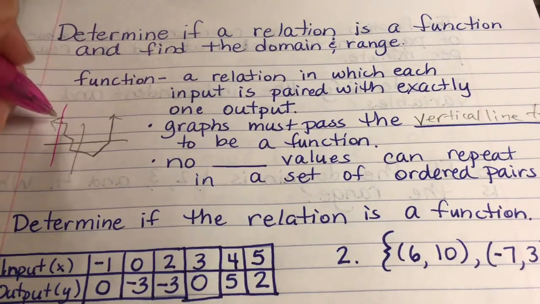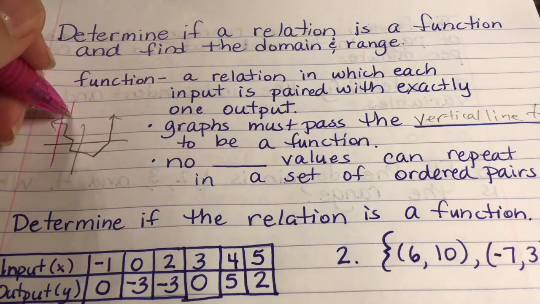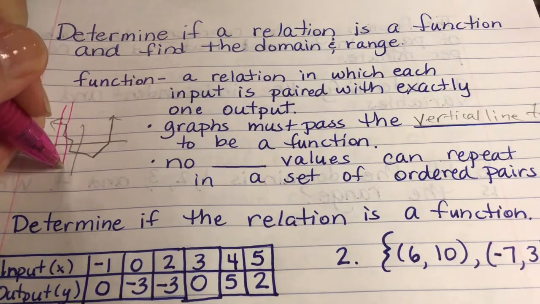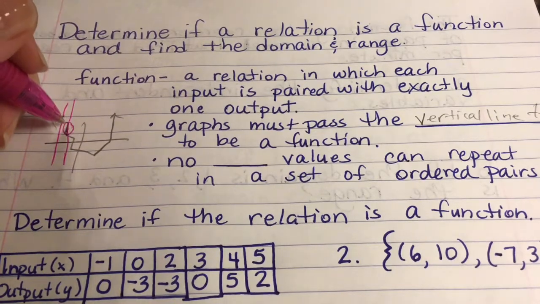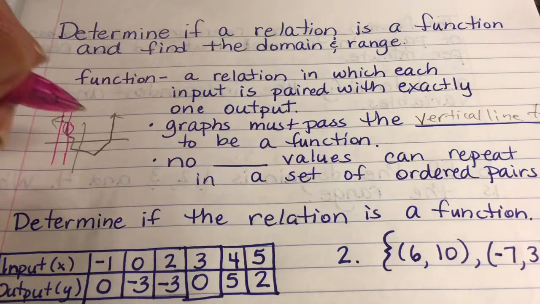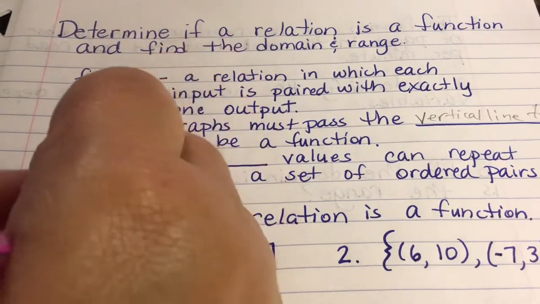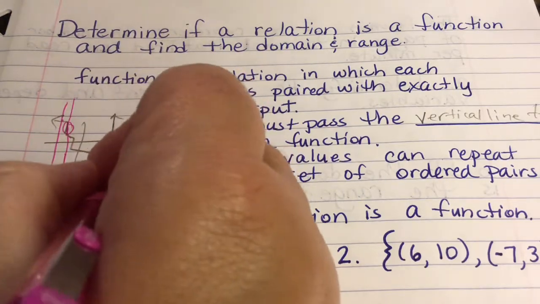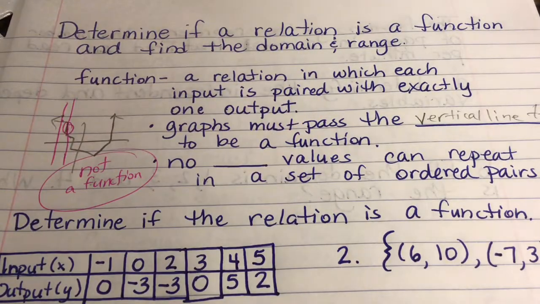It passes through once, so at this point it passes the vertical line test. Once you look here, though, that goes straight down. So this portion of the graph is vertical. My vertical line passes through more than one point on the graph, so this is not a function because it fails the vertical line test. So to pass the vertical line test, a vertical line could only pass through the graph one time.